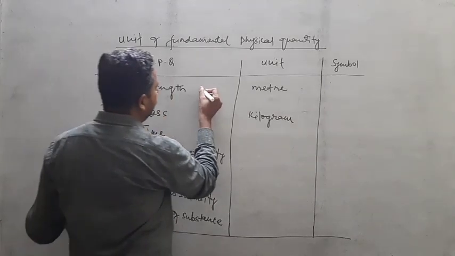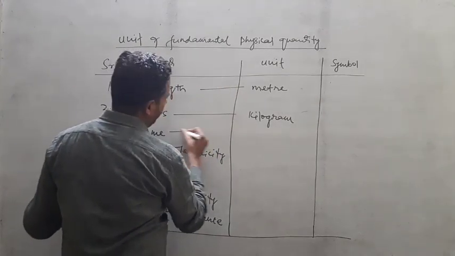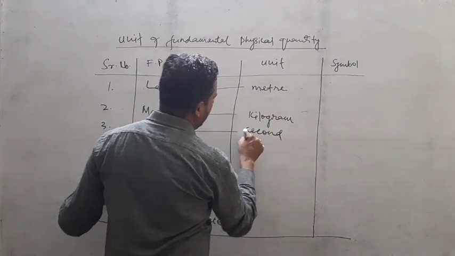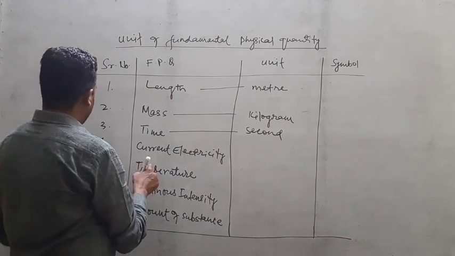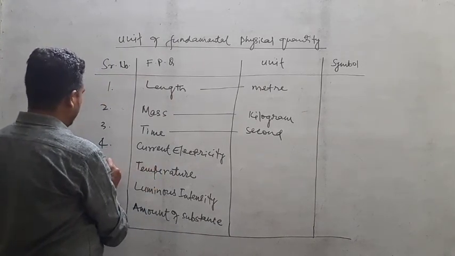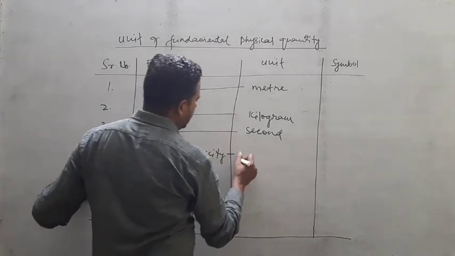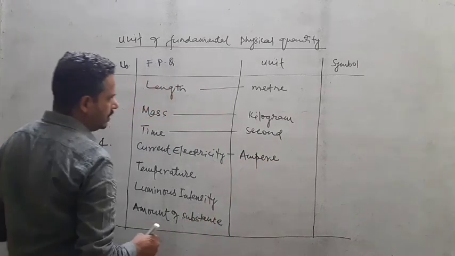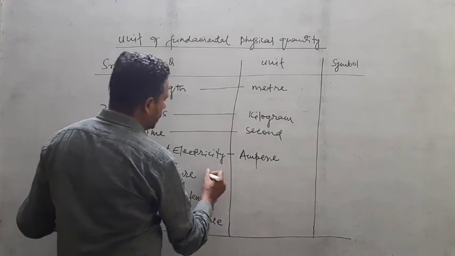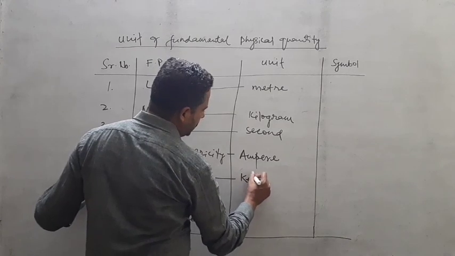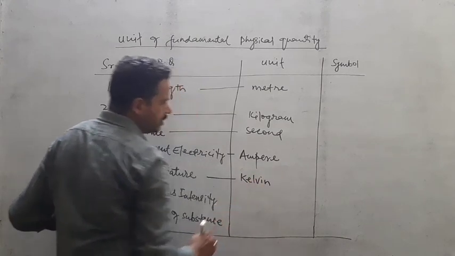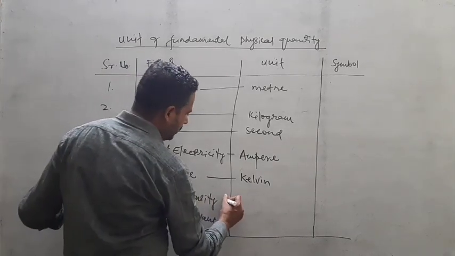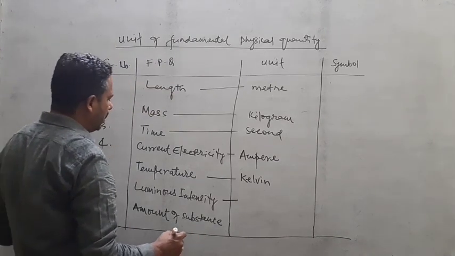Time in second, where s is also small. Current, electricity, is in ampere, where A is capital. Temperature is in Kelvin, where K is also capital. Luminous intensity is measured in candela.